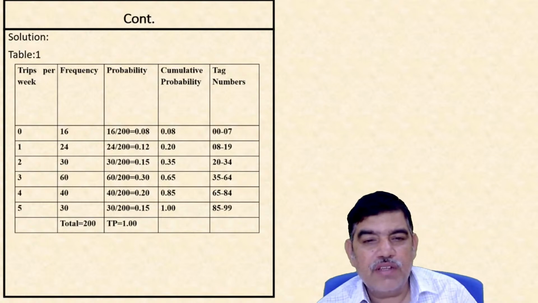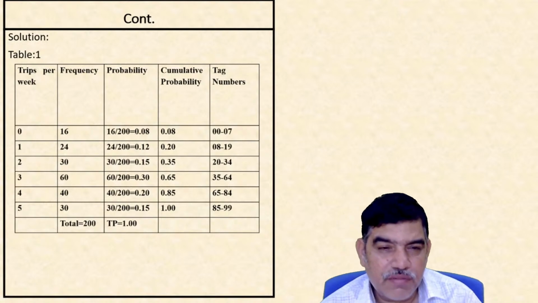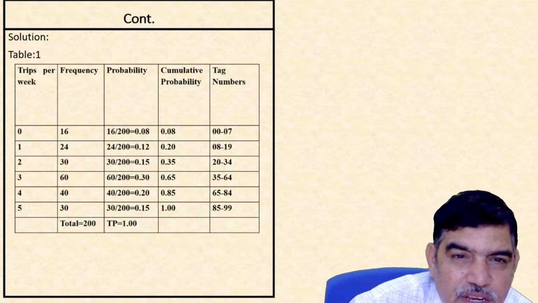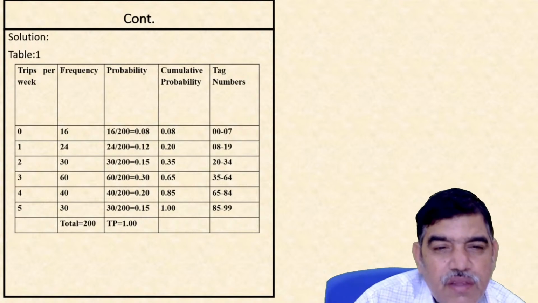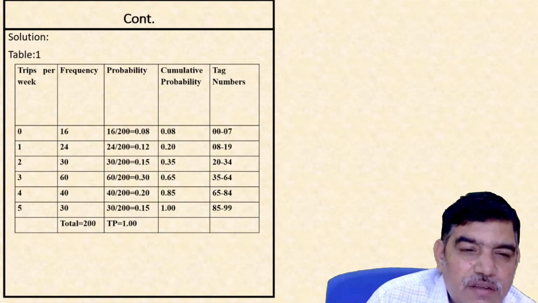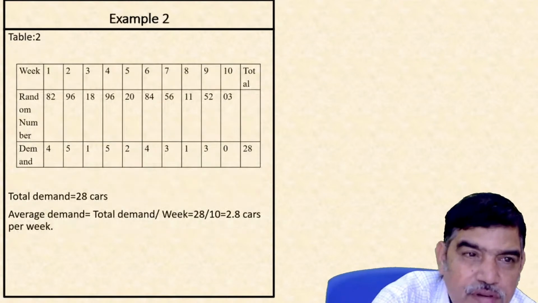Because 08 to 19 is the range given, 19 means we start from 20, that's why 20 to 34. Then we calculate the probability, cumulative probability and the tag numbers.